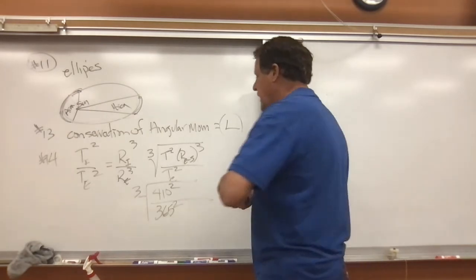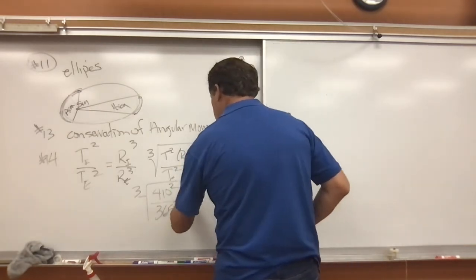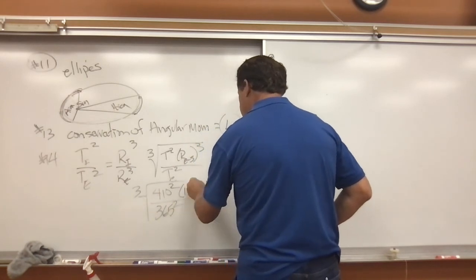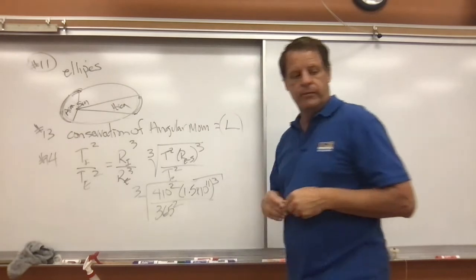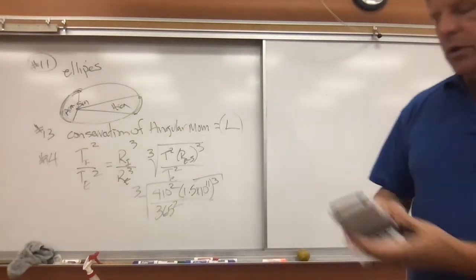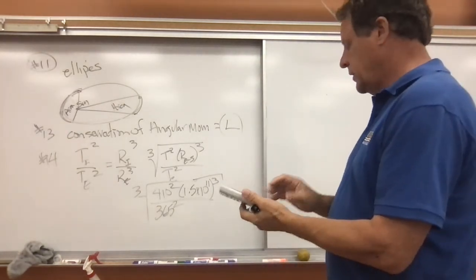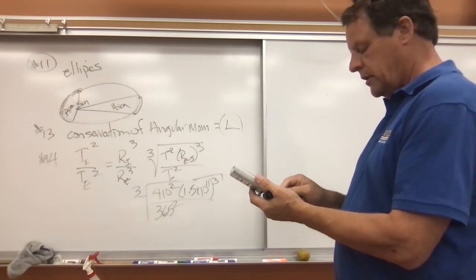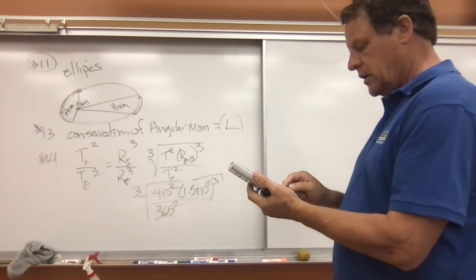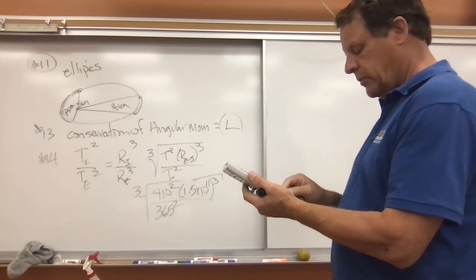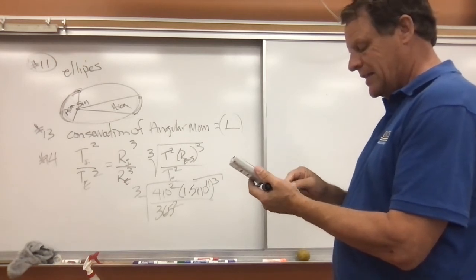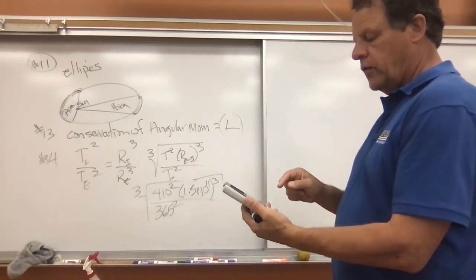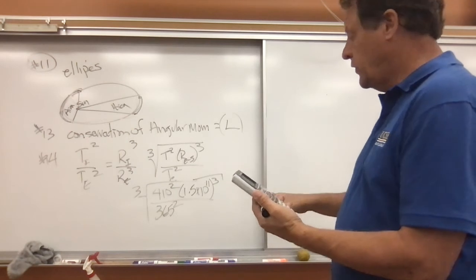All right. So now we're going to have 1.5 times 10 to the 11th, and that gets cubed. So if we plug this number in, 410 squared divided by 365 squared times 1.5 times 10 to the 11th cubed, that is 4.25 times 10 to the 33rd.